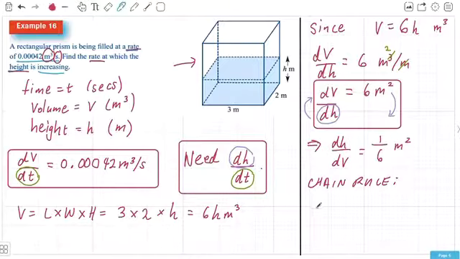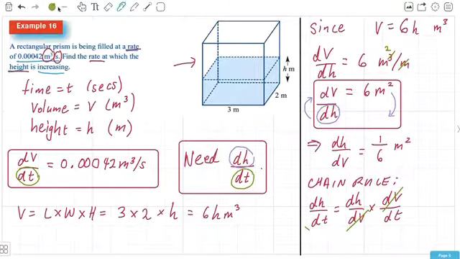So now we can use the chain rule, and chain rule is just multiplying your differential quantities together. So we know that if we have dH dt, we can take dH dV and multiply it by dV dt. Why? Because if you look at this expression, the dV's will cancel and they'll leave you with dH on the top and dt underneath.